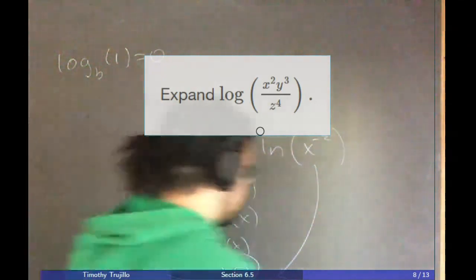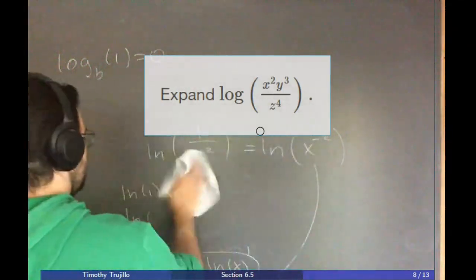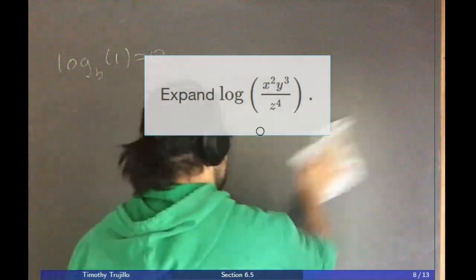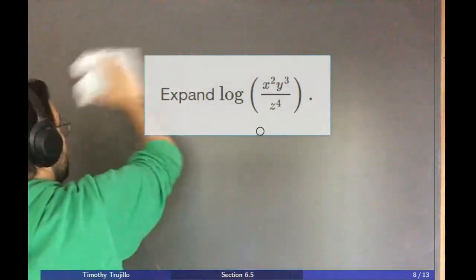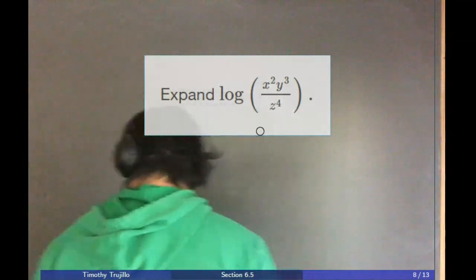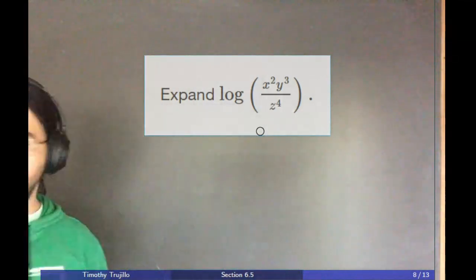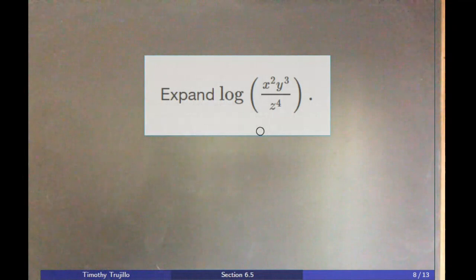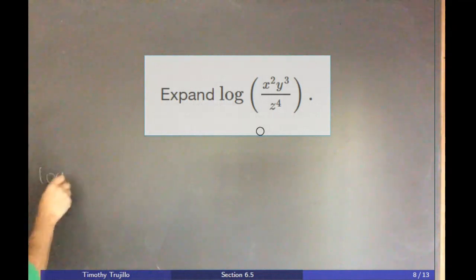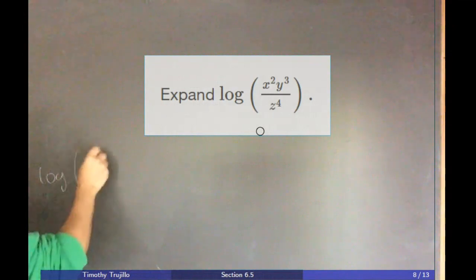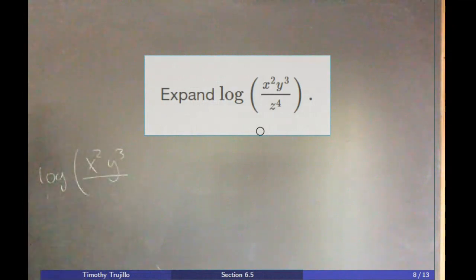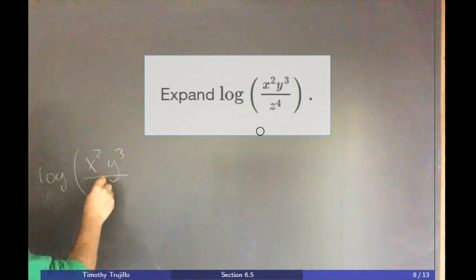Okay, so let's go through this one. And really, again, the idea here is to take division to subtraction, exponents to multiplication, and multiplication to addition. So we're going to look at this guy, which is log base 10 of x squared y cubed, all divided by z to the fourth.